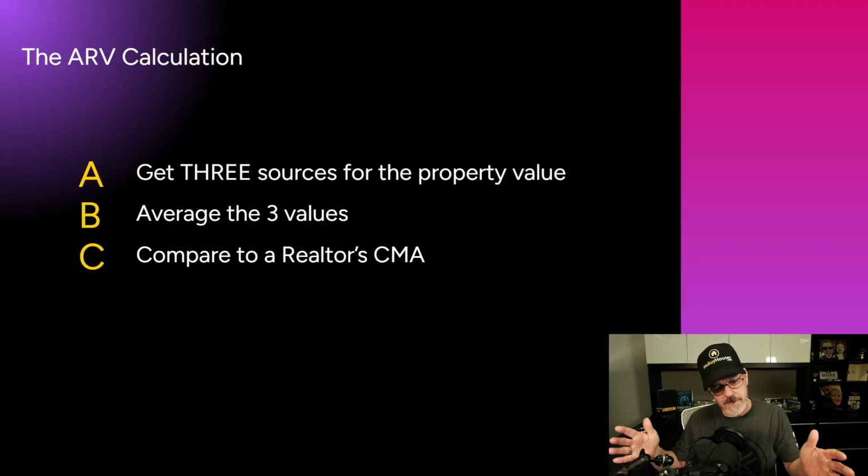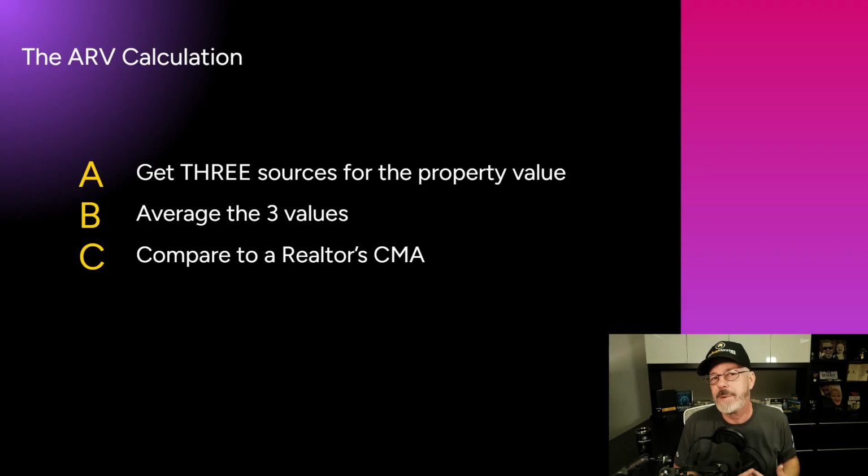We would average those 3 values, and then that would be our ARV. Now, step C, if you have access to a realtor, or maybe you're a realtor or you have a friend who's a realtor or partner, then do a CMA on the property.